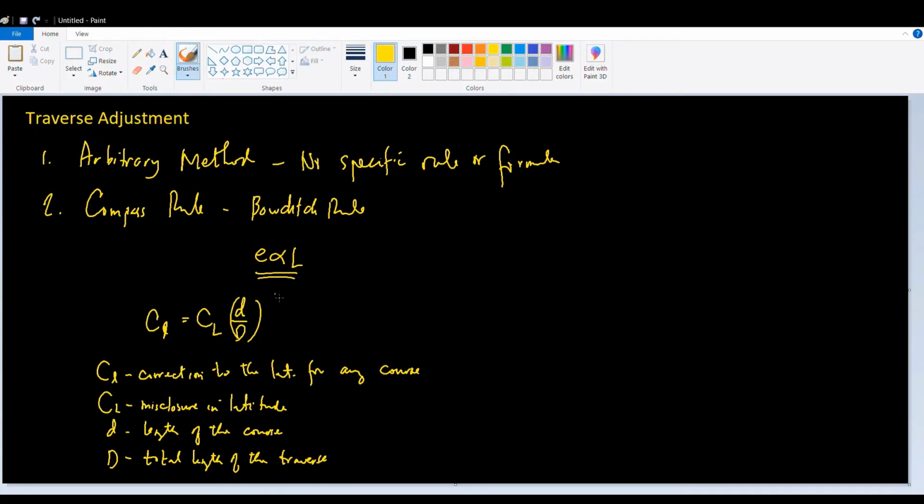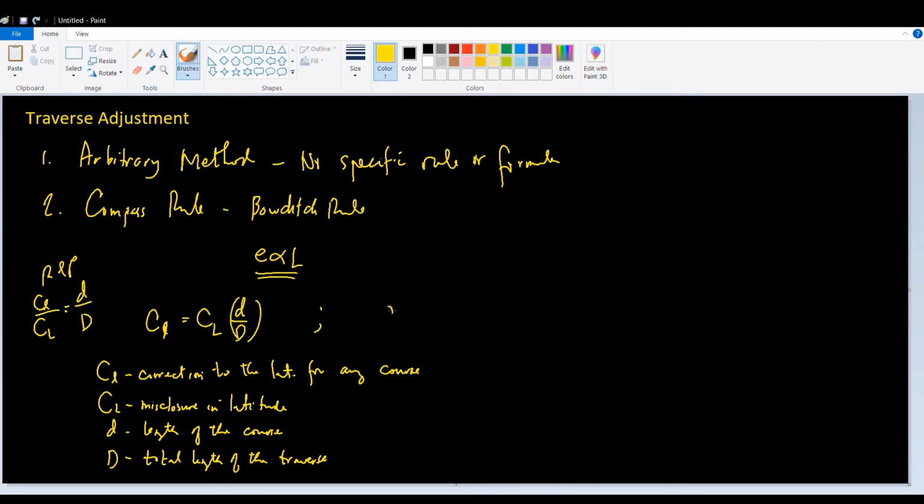So this formula is simply based on ratio and proportion. The correction for latitude of any course is to the total latitude correction as the length of that course is to the total length of the traverse, or the total perimeter.